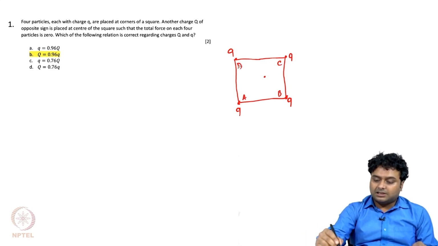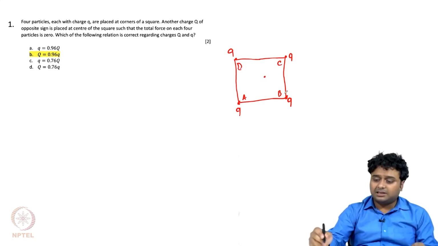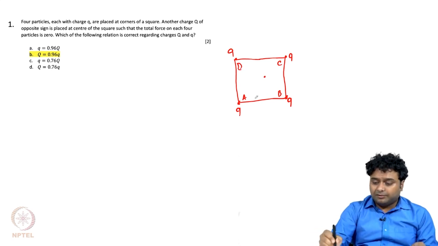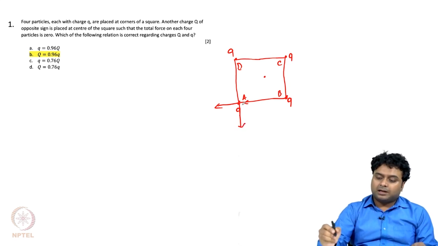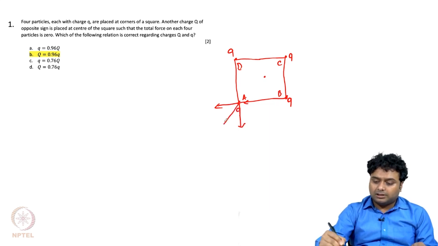So the charge present at corner A will be repelled by B, C and D. If you see, this A to B repulsion force will act in this direction, right, and A to D will act in this direction, right. Now this force has 2 components, one component in this direction, another component in the perpendicular direction.